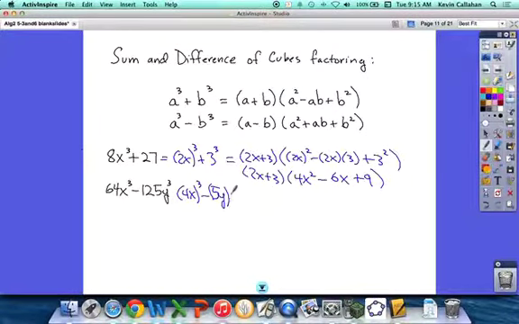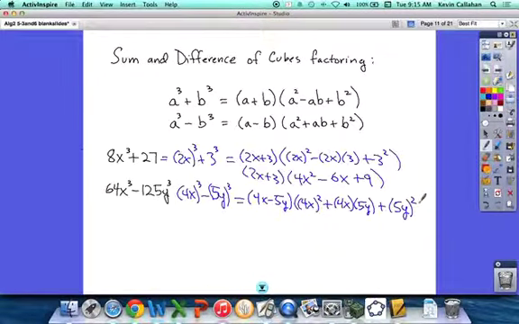5y cubed. So this time our a is 4x, our b is 5y. So substitute in the formula. This is the difference formula. That would be 4x minus 5y times 4x in parentheses squared plus 4x times 5y plus 5y squared.